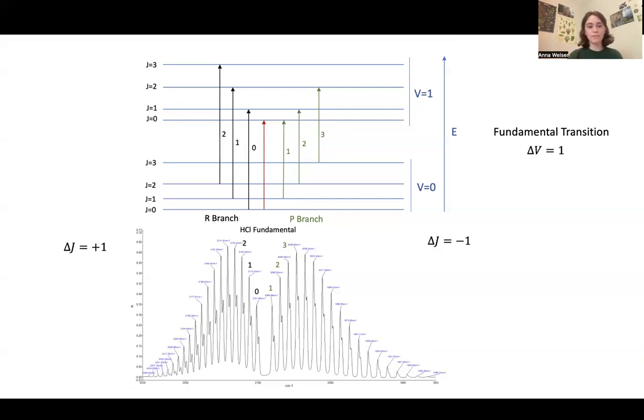This makes the energy spacing different for the R and the P branch, and also nonlinear as you go across either of the branches. We might also wonder about J to J as we go from V to V plus 1. That would be the Q branch, but in this system and many others, it's prohibited, and we can see that we don't have a peak representing it.